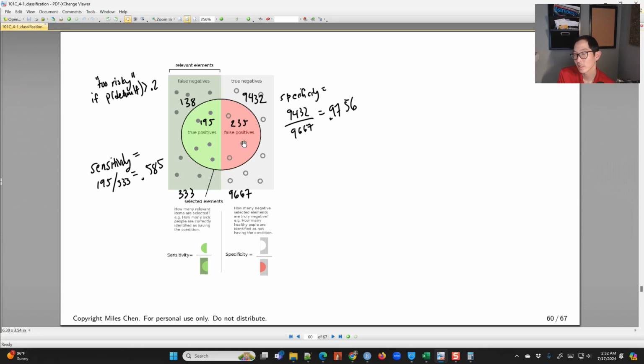Because I said, if you're over 20% risk of defaulting, you're too risky, so we're going to turn away a lot of people who weren't going to default. So we end up having more false positives, and my specificity goes down to only 0.9756.